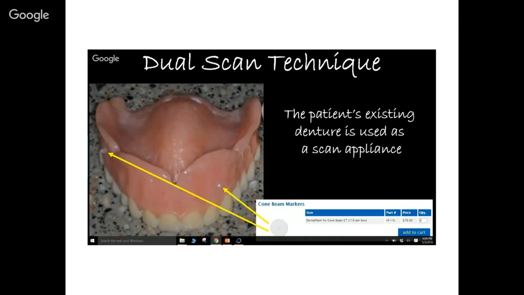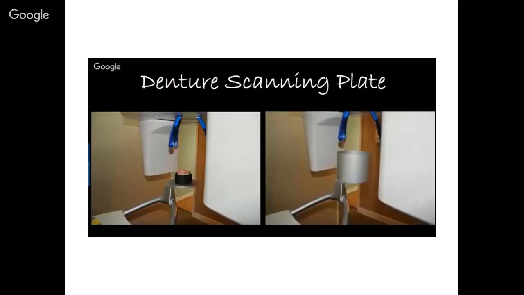So the process starts off by taking the patient's denture, if they have a properly fitting and functional existing denture, and adding markers to it. The denture is then scanned in the CT scanner. If the CT scanner has a denture setting, then obviously you want to use that.